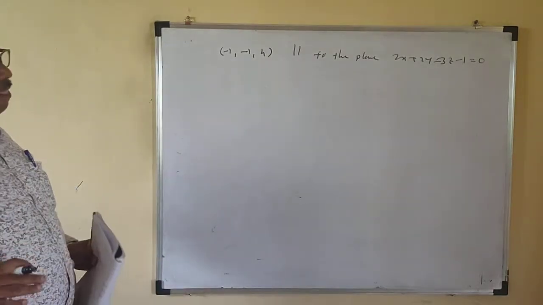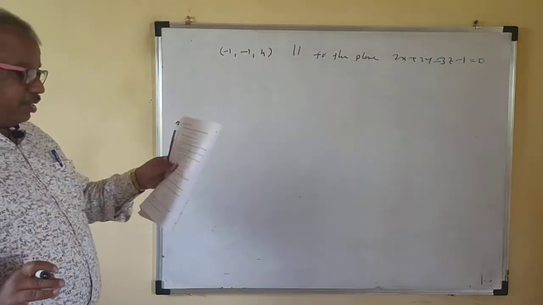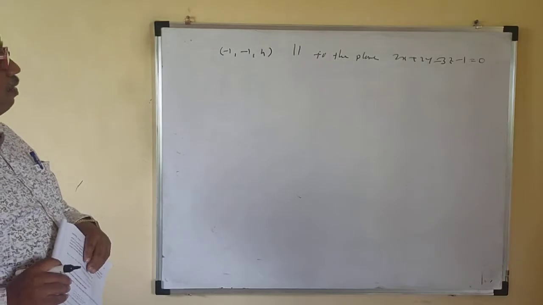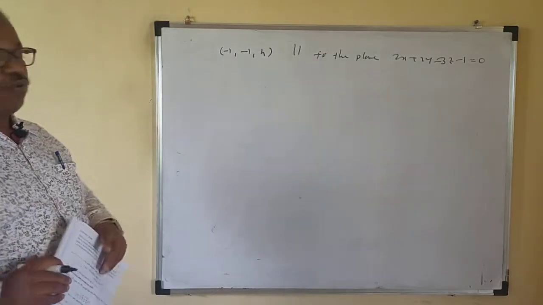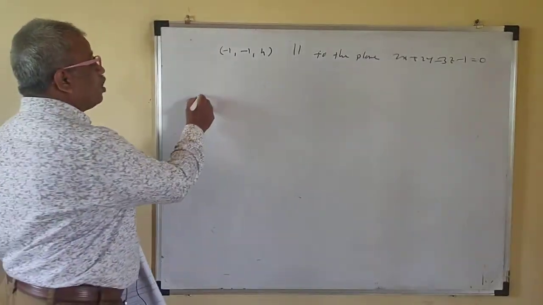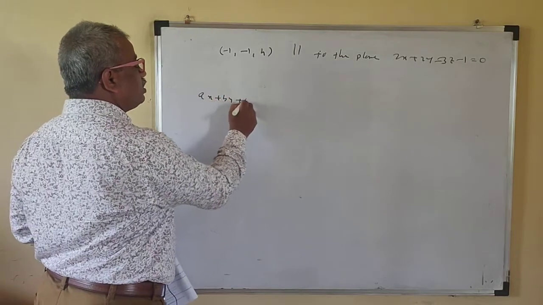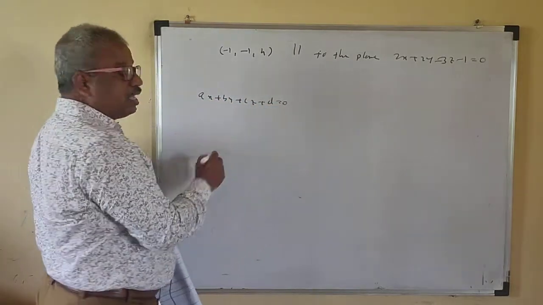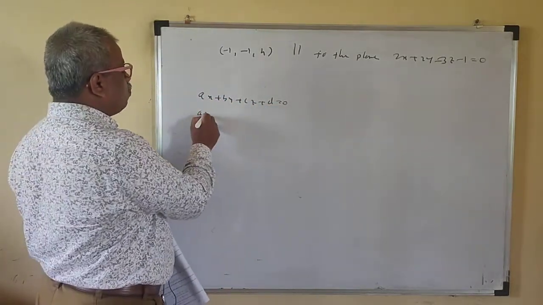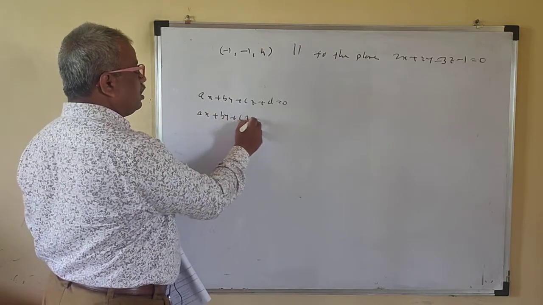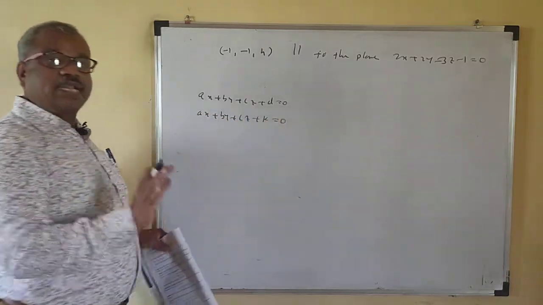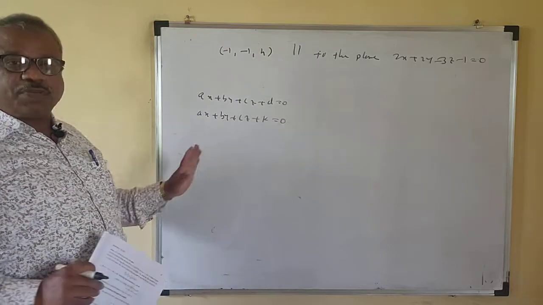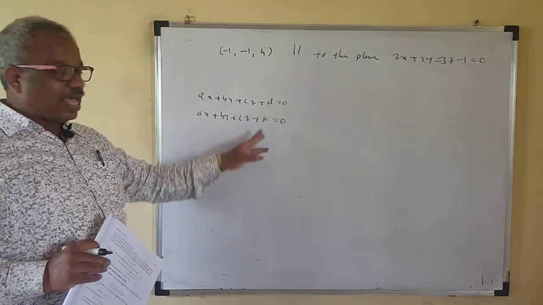Two planes are parallel, that means what? Suppose ax plus by plus cz plus d is equal to 0. Then the equation of a plane parallel to this plane is ax plus by plus cz plus k is equal to 0. They differ by a constant only. The coefficients of x, y, z are the same.